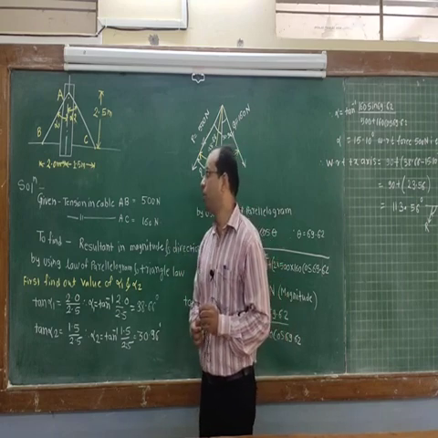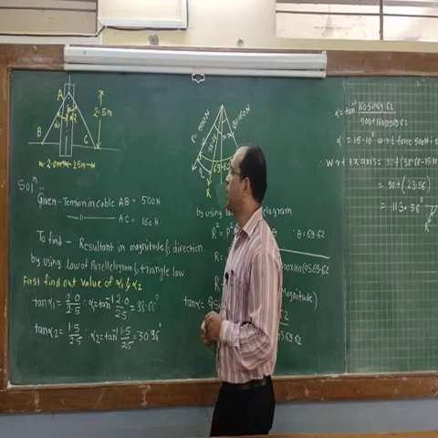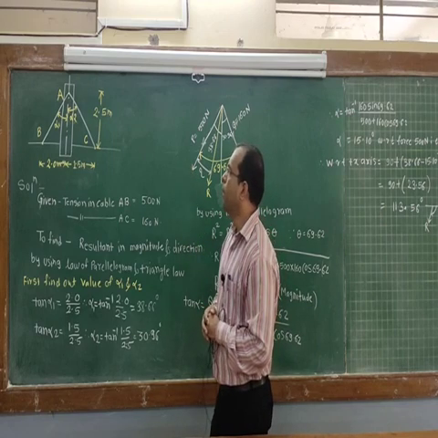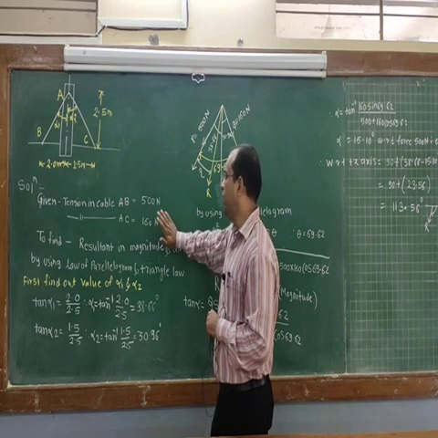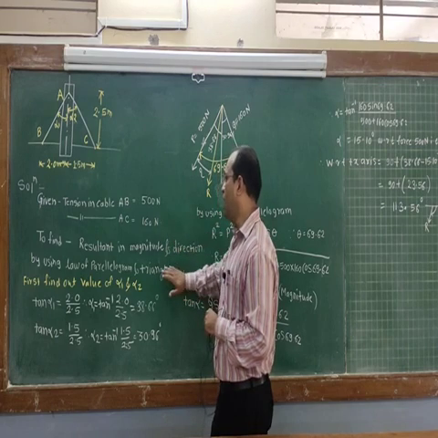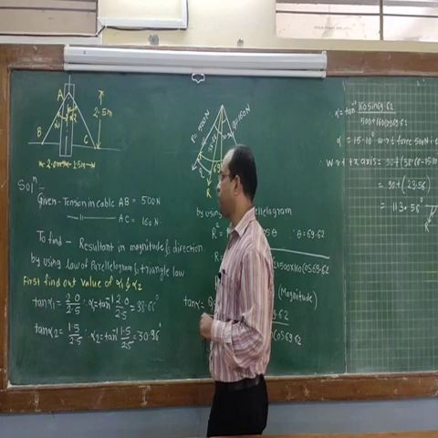So how to tackle this problem? Let's see the solution. What is given in this problem? The tension in cable AB is 500 Newton, the tension in cable AC is 160 Newton, and they have asked you to find the resultant in magnitude and direction.